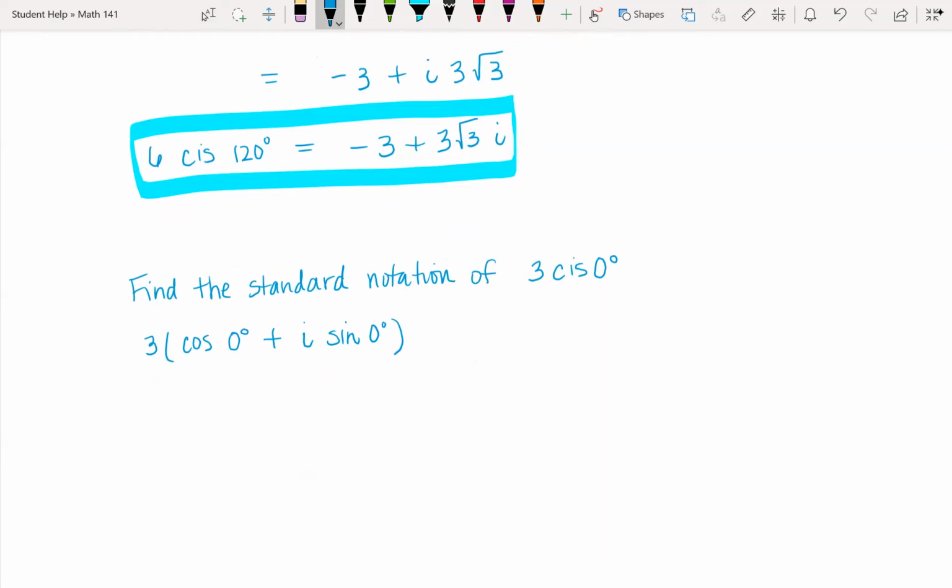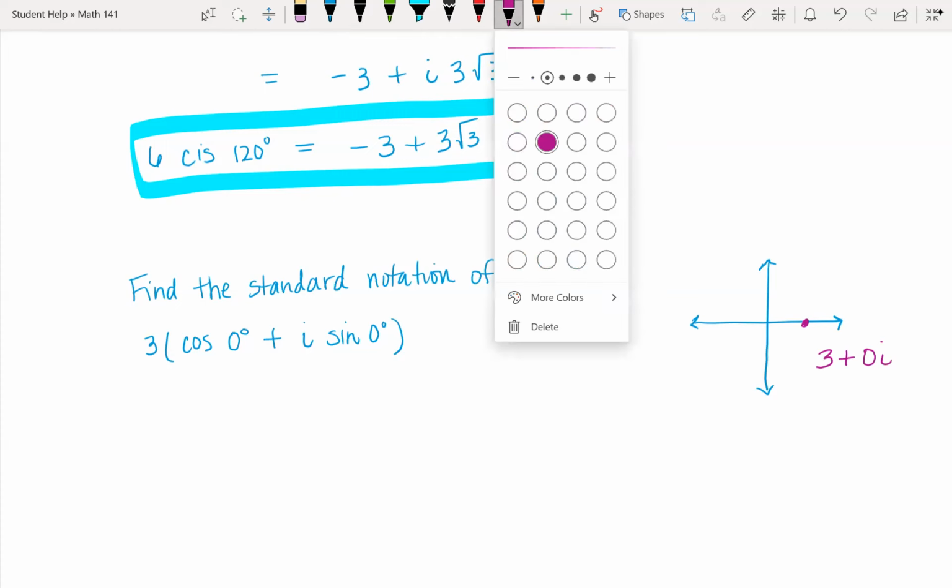If I were to draw where this is, 0 degrees is going to be on the positive x-axis, right? And it looks like that distance is going to be 3, so I'm thinking that the point is just going to be there. That looks like 3 plus 0I, or just the number 3. Let's calculate out here.